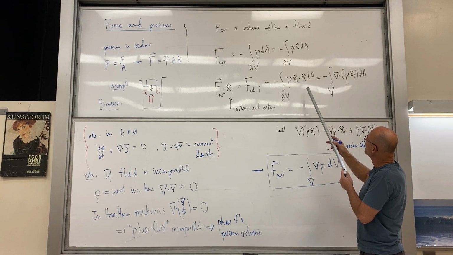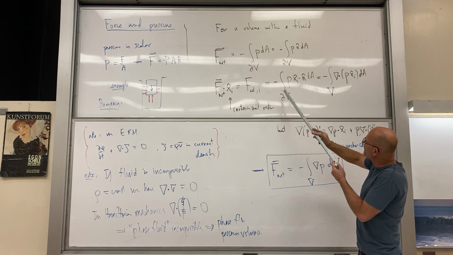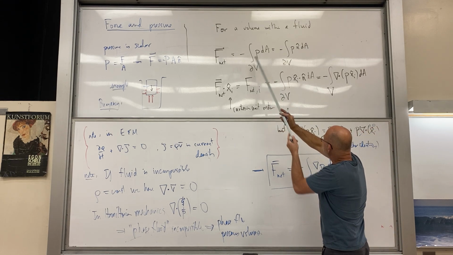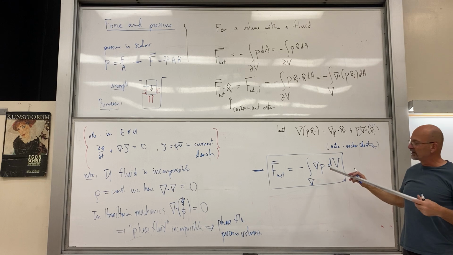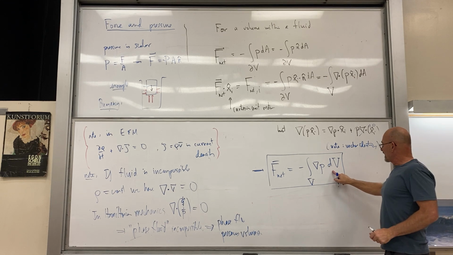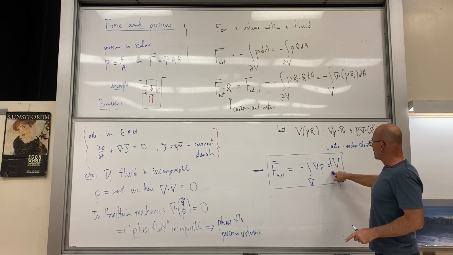And that was for the ith component. Go back to F net and you just get the gradient P dV. Okay, so we're ready to have Newton's law.